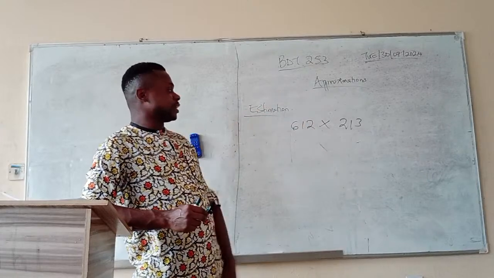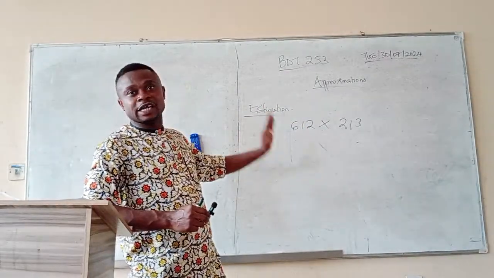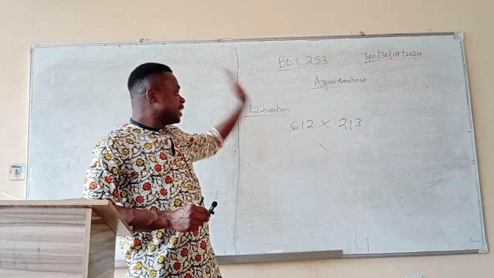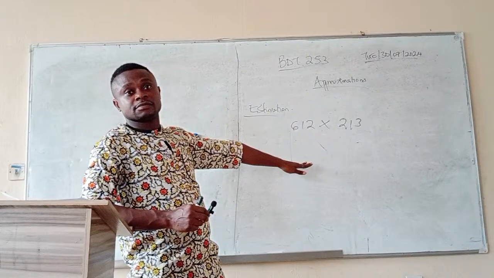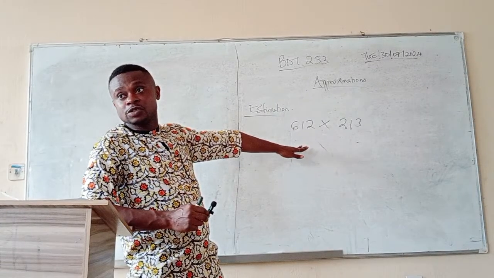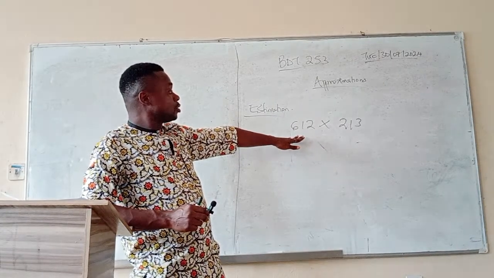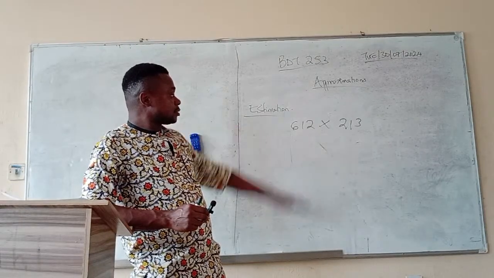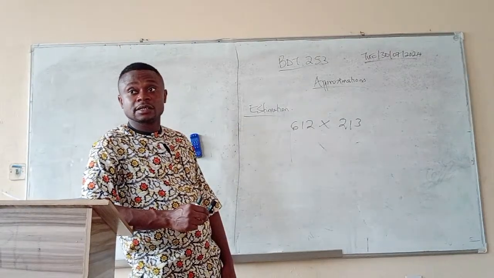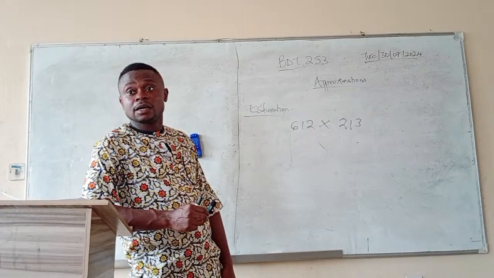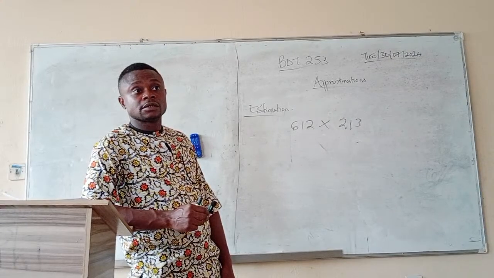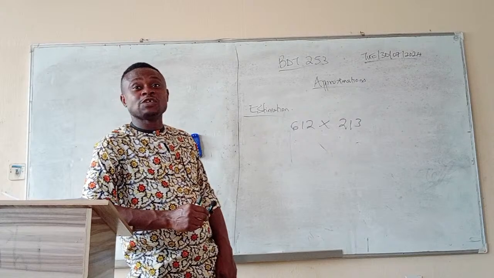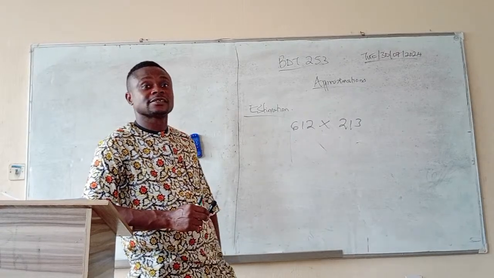612 times 213. By looking at it now, without even punching a calculator, I can estimate this to be what? Is it 1,200, 12,000, or 120,000?